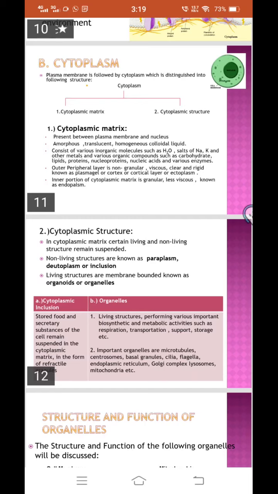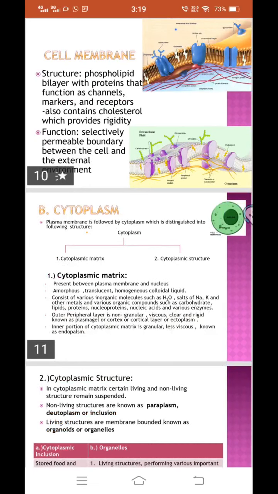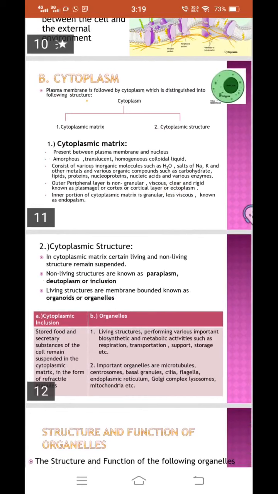Okay? Now this cytoplasm is present after the plasma membrane, that is, the cytoplasm is present inside the plasma membrane. ठीक है? तो cytoplasm को हम लोग two different structures में differentiate कर सकते हैं.